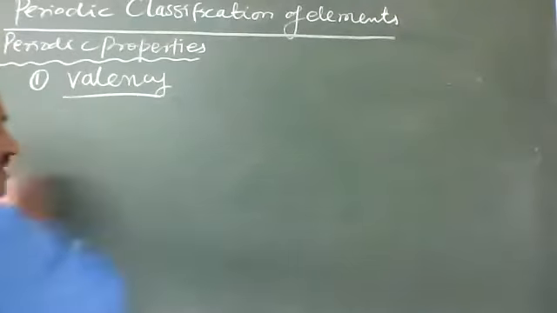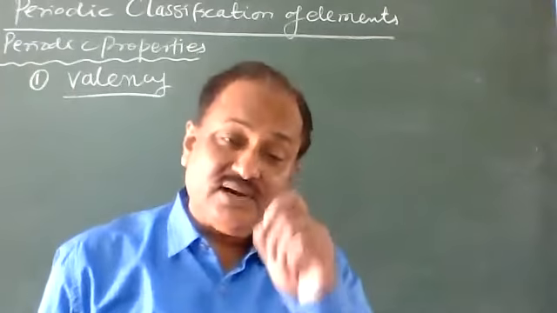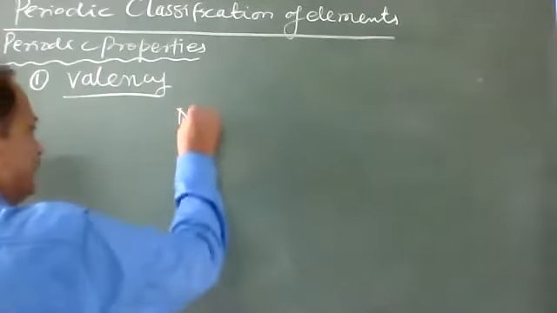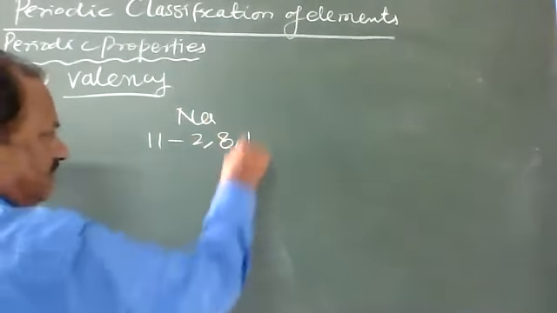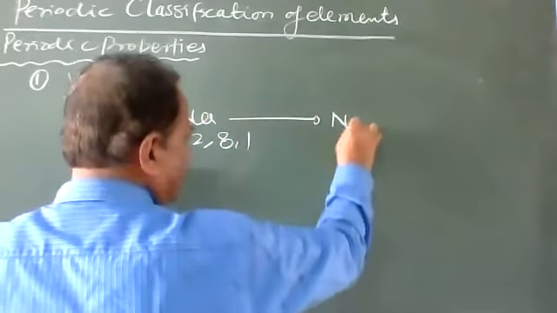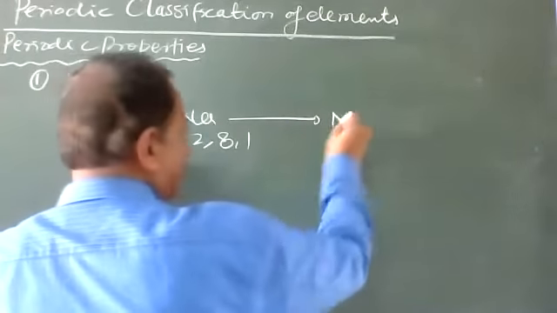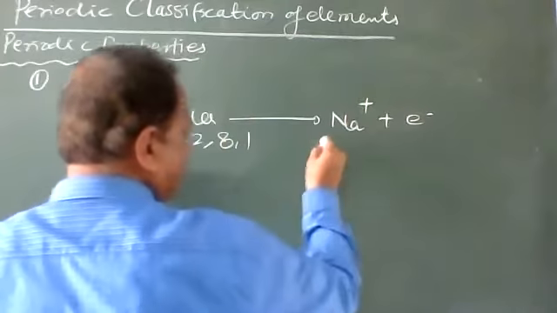Now, any element exhibits valency. So why is it that elements exhibit valency in a particular number only? See sodium, atomic number 11, configuration 2, 8, 1. Sodium is very reactive, it catches fire in water. So sodium loses an electron and acquires a positive charge.